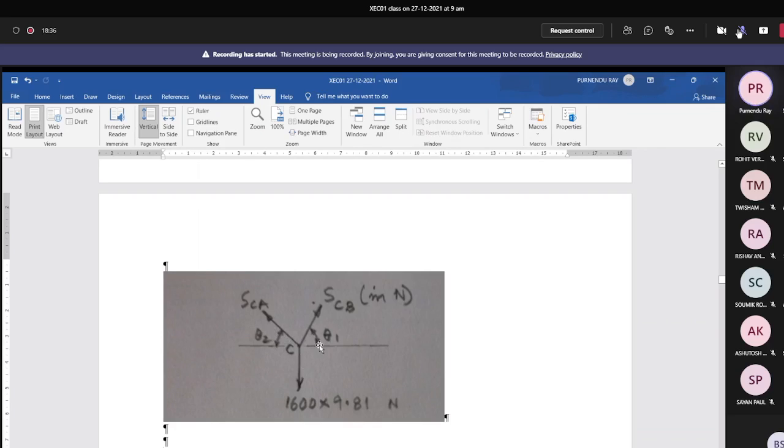This angle will be theta 1 plus 90 degree. So Lami's theorem, what we are talking about, will be: this self weight divided by sine of (180 minus summation of theta 1 and theta 2), here magnitude SCB divided by sine of (90 plus theta 2), and here it is SCA divided by sine of (90 plus theta 1).